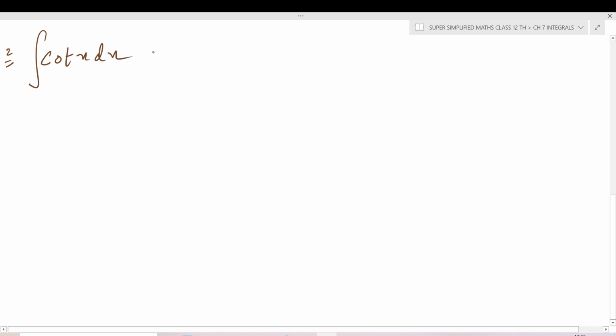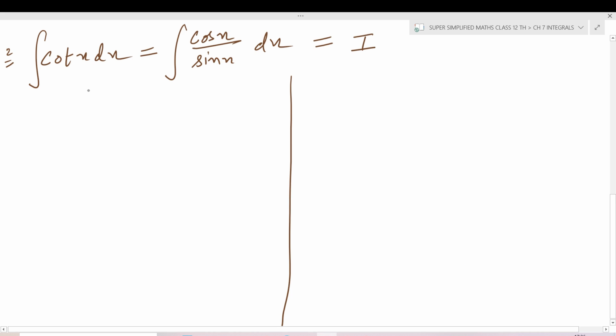Now in a similar manner, if you have to integrate cot x, you can write cot x as cos x upon sin x. Again we assume that this integral is I. Now we can substitute the denominator sin x to be t.